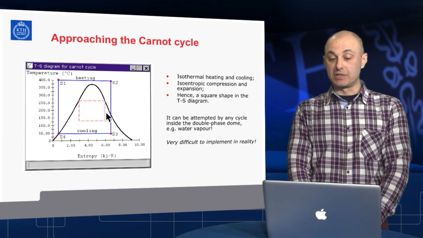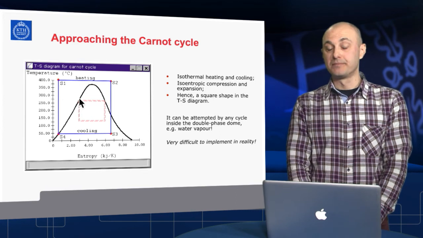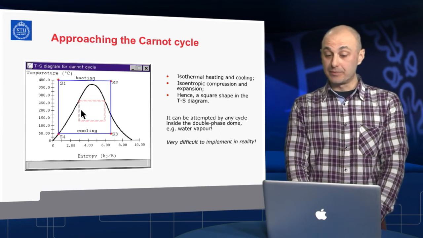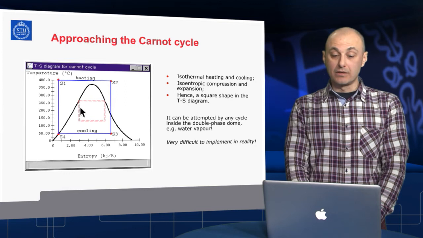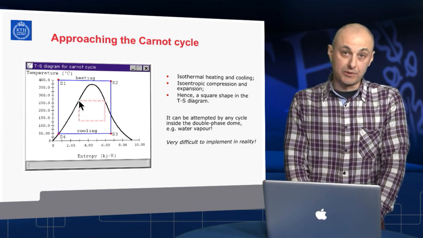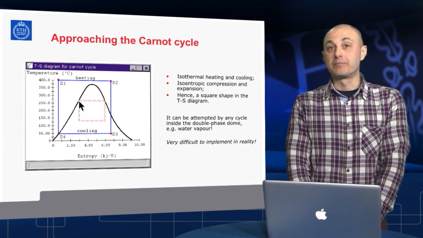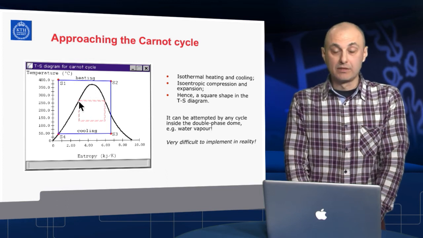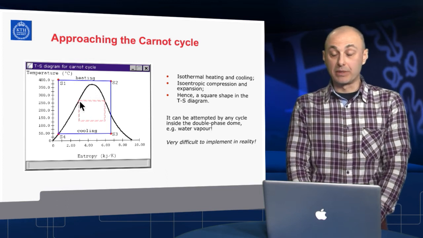The other two processes, alas, are not so easy. And this one here, compressing wet steam all the way to the saturated water line, is in practice completely impossible for an actual machine, for an actual mechanical device.